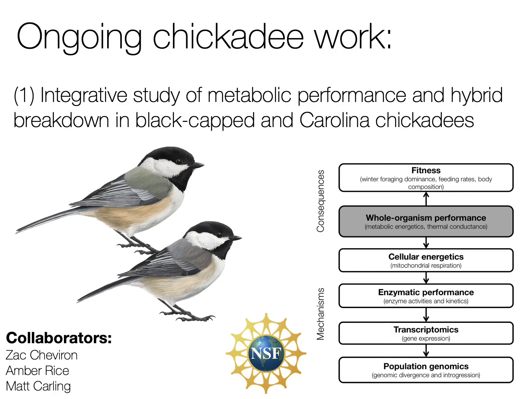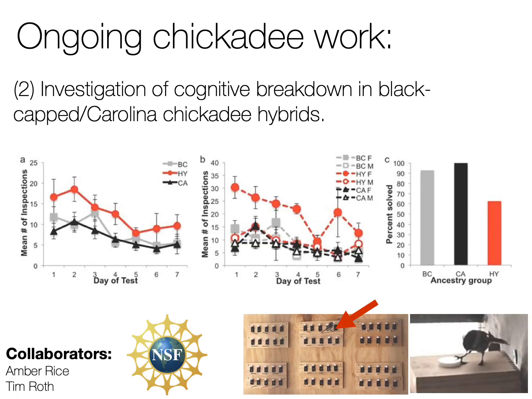And so in order to explore this, we recently were funded by NSF to study metabolic breakdown and performance in hybrid black-capped and Carolina chickadees. This is work in collaboration with Zach Cheviron, Amber Rice, and Matt Carling. Amber and I, as well as Tim Roth, were also awarded another NSF grant to investigate cognitive breakdown in black-capped and Carolina chickadee hybrids, where the hybrids appear to be cognitively impaired.